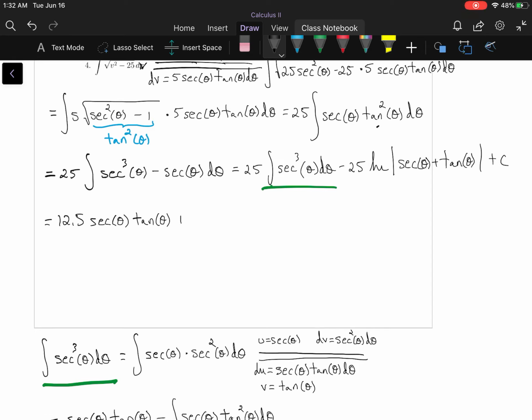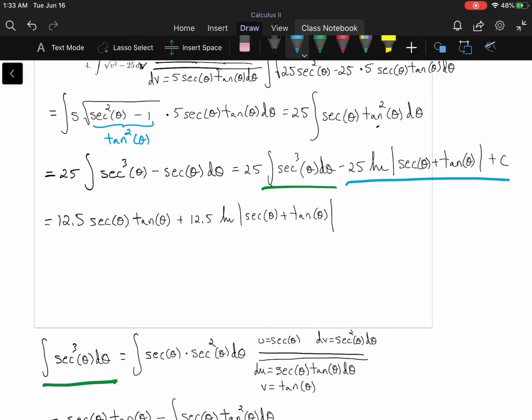So that is plus 12.5 times the natural log of secant theta plus tan theta, minus what we had here, which is minus 25 of the natural logs.